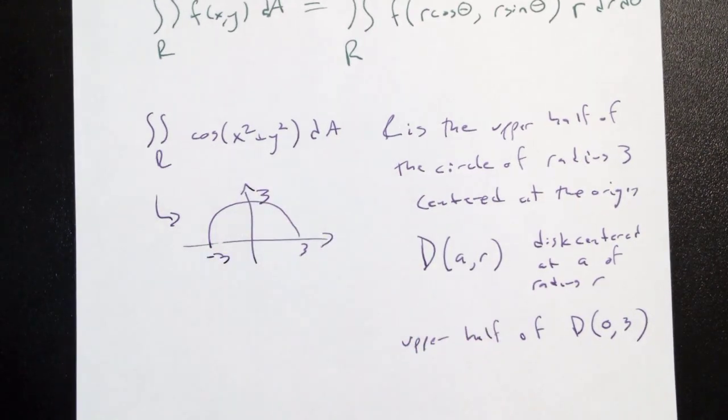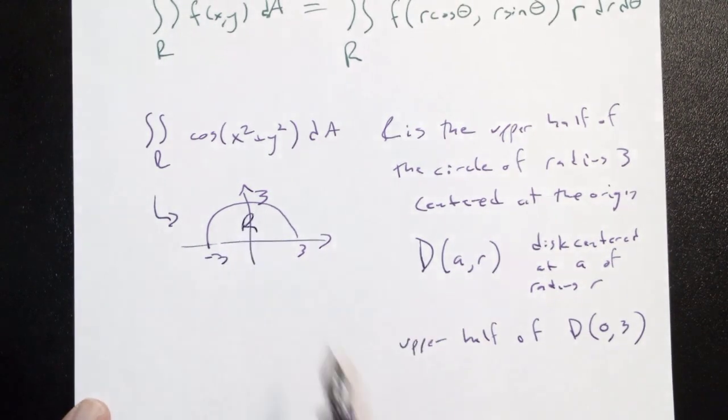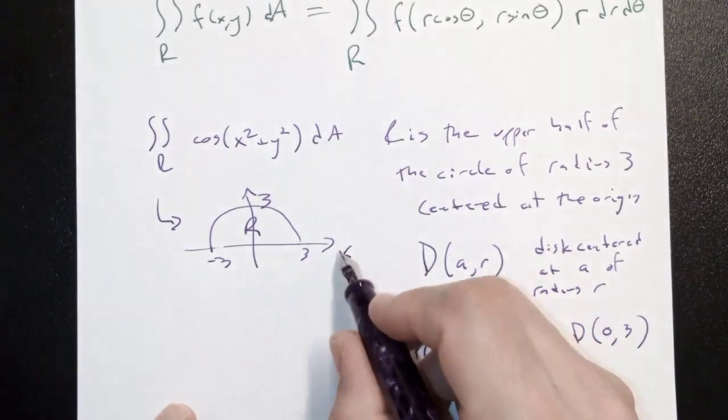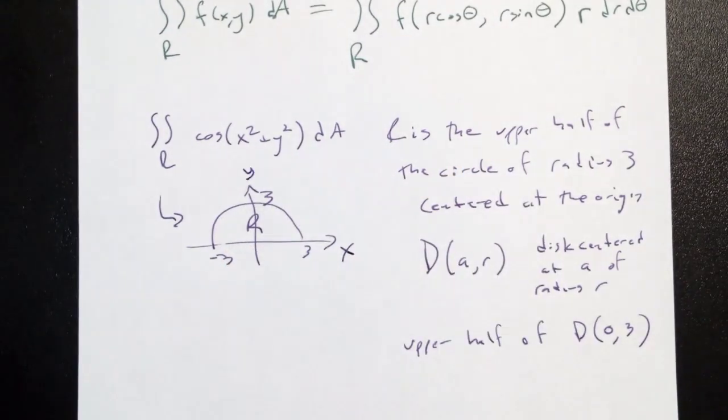My region looks like that. Again, understanding that I'm a crap artist. What's a polar description of that half circle?